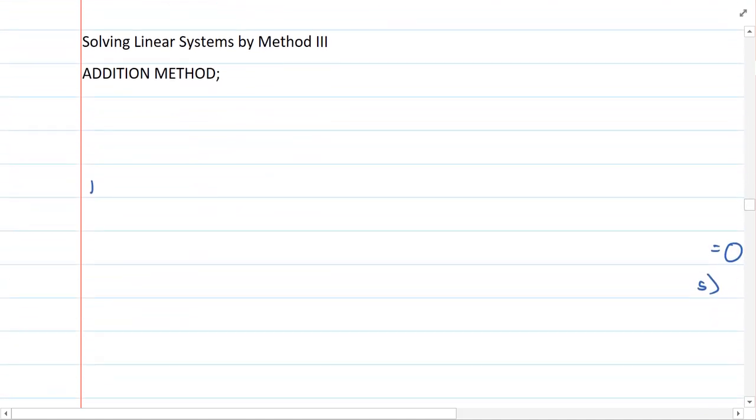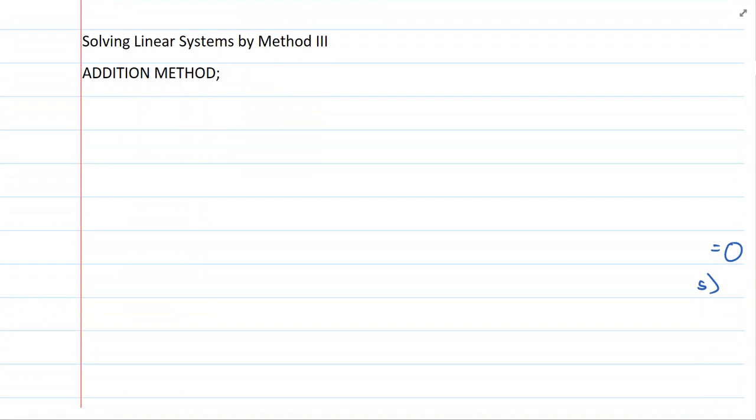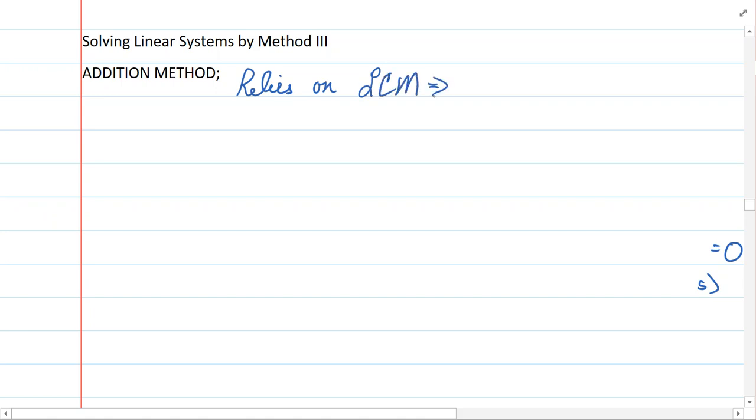All right. So now we're looking at solving equations by method 3, the addition method. This one relies on LCM, least common multiple.